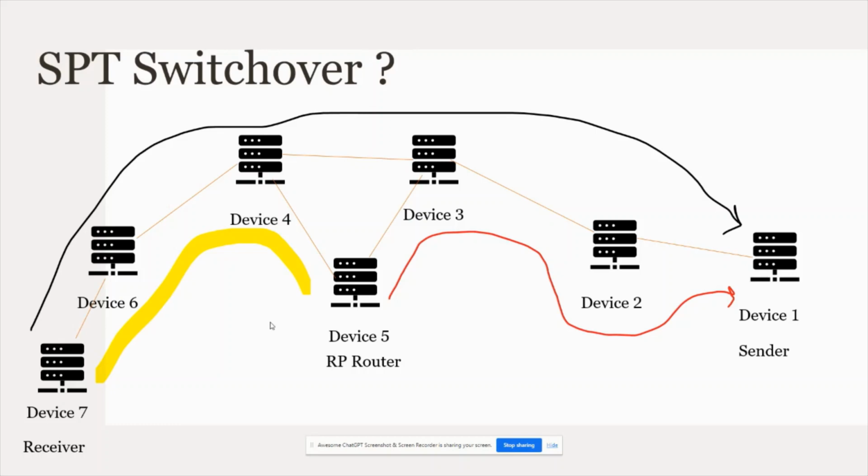In this topology, it will send a prune message to device 4 and device 3, and after that all communication is done from device 7, then 6, then 4, then 3, then 2 to 1. The traffic won't flow from device 5. So traffic flow started from the shared tree, and now it has switched to the shortest tree. That phenomenon is called shortest path tree switchover.